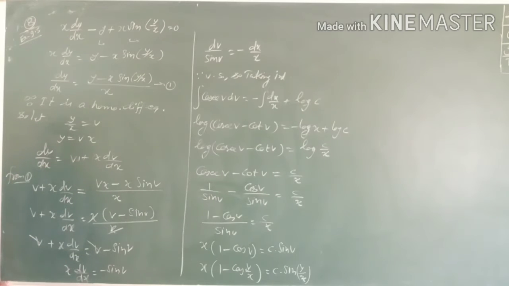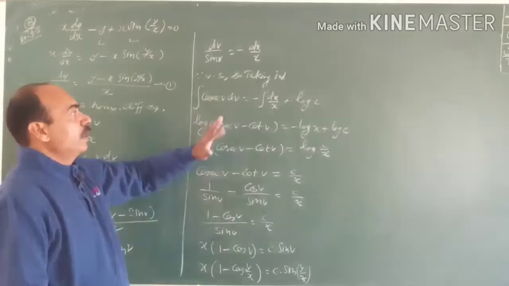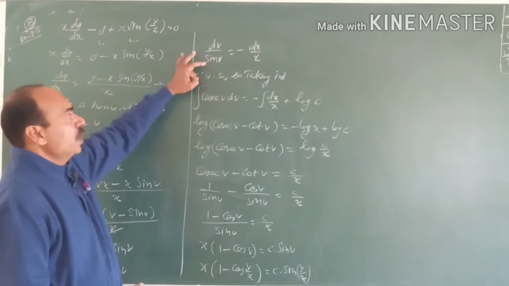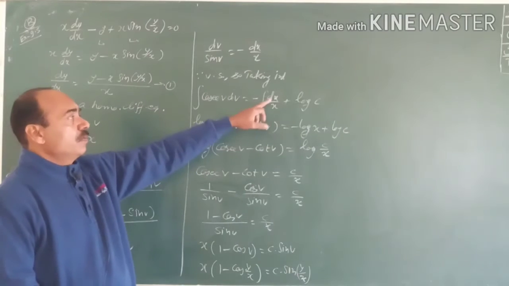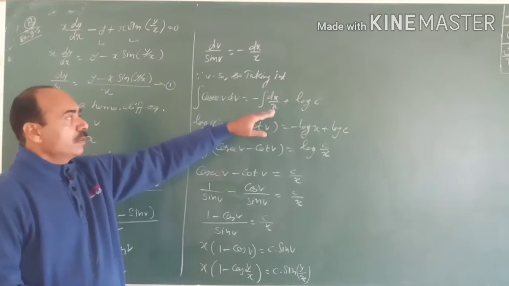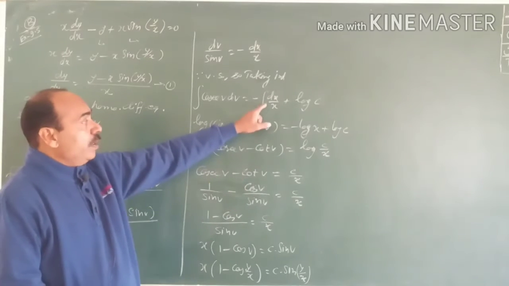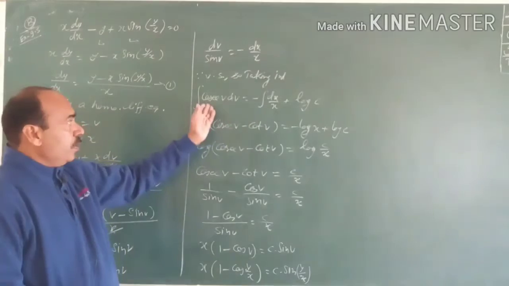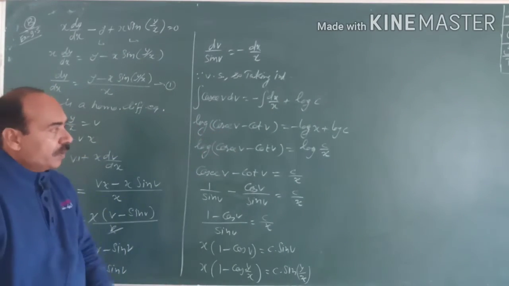Since the variables are separated, take the integral on both sides: 1/sin v is cosec v, and here minus 1/x dx, plus some constant c, but in place of c write log c, because the integral of 1/x is log x, and the integral of cosec v is log of (cosec v minus cot v).